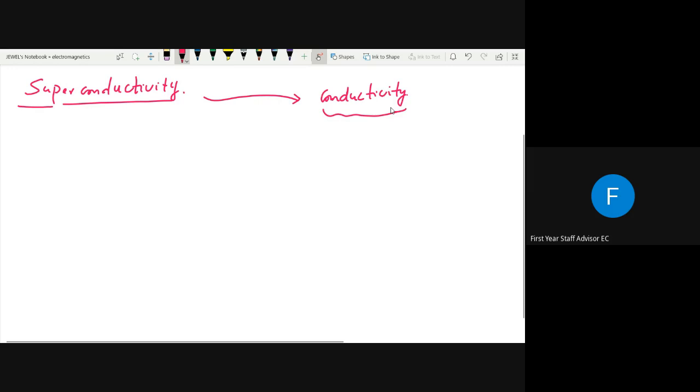But okay, then what is resistance? We simply explained what conductivity is. Then what do you mean by resistance or resistivity?